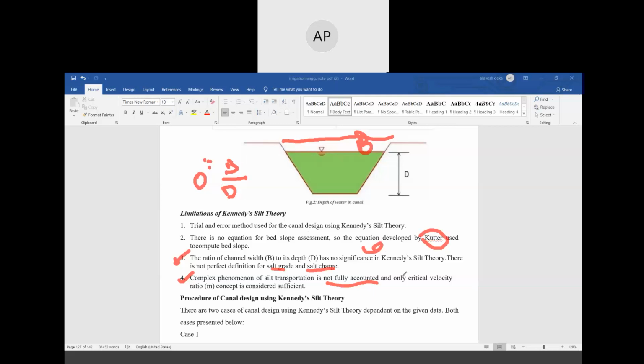In river engineering, you get to know what critical velocity is and how silt is carried in a river or channel. So the complex phenomenon of silt transportation is not fully accounted for, and only the critical velocity ratio concept is considered here. That's why this equation is omitted.